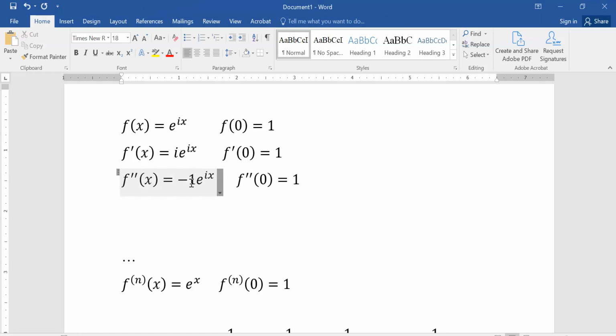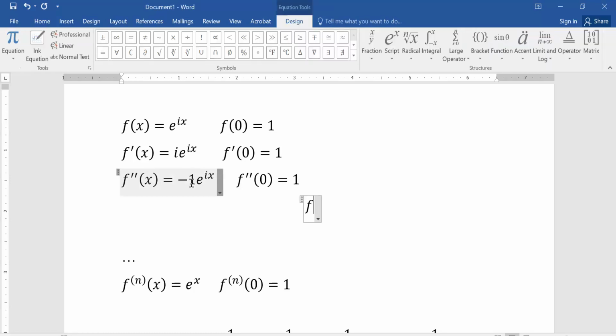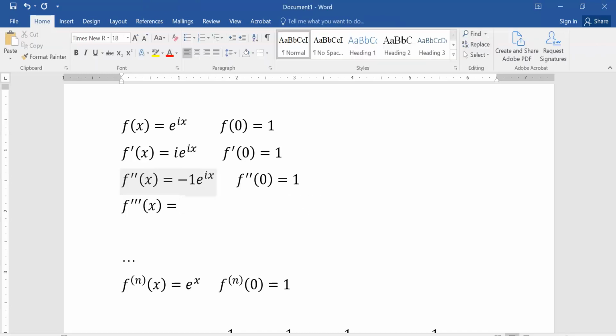So let's go to the third derivative. Well, again, e to the ix, derivative of that is e to the ix. -1 times i is just -i.